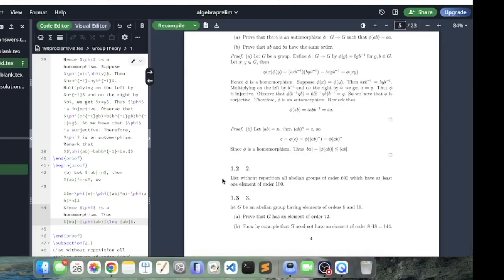Okay, let me compile that. And if we reverse the roles of AB and BA, so do the exact same proof but do everything with BA equaling n, we could use the exact same logic to say that AB is equal to phi of BA, and the order is less than or equal to the order of BA.